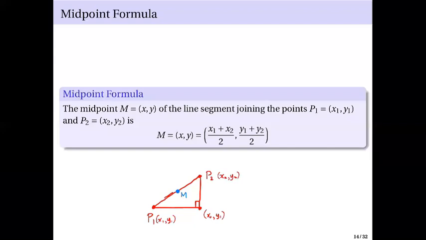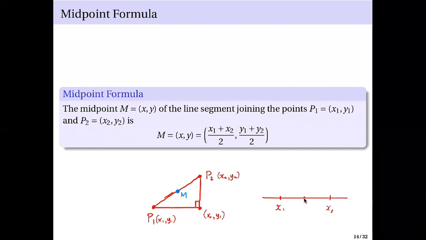Now, let's look at a single line. You have your x1 in here, and you have your x2 in here. And there is the middle. You are given 2 points, x1 and x2. How do you get this middle?